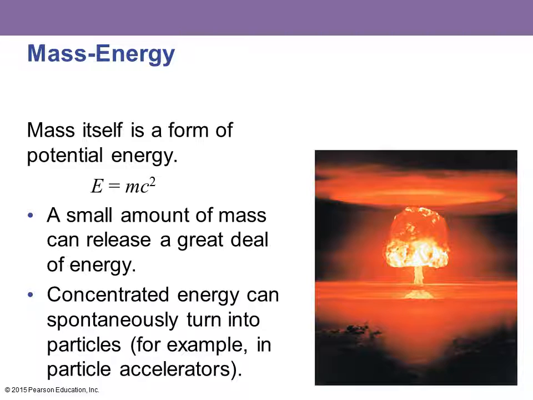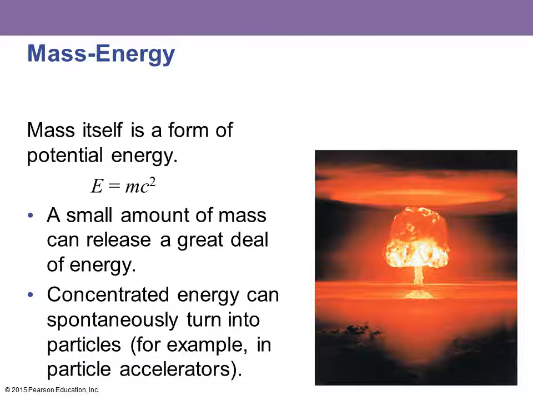Well, if E equals mc squared, that must mean that energy can be converted to matter, or matter could be converted to energy, and that is true. A very small amount of mass can release a great deal of energy. And of course the opposite could be true too. Concentrated energy can spontaneously turn into particles, or matter, mass, in what are called particle accelerators.